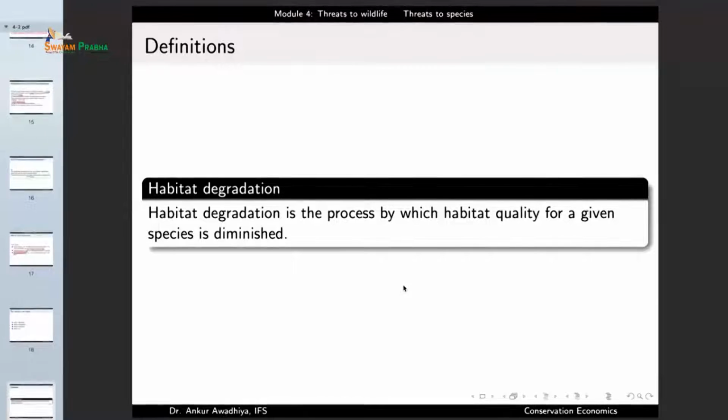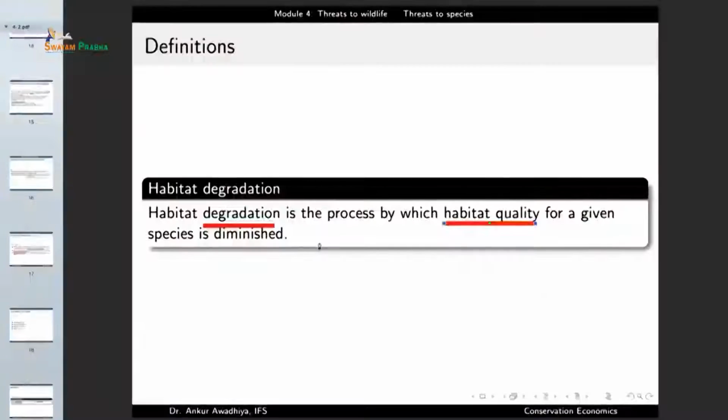Habitat degradation is the process by which the habitat quality for a given species is diminished. So, in the case of degradation, the habitat quality goes down. Now, what do we mean by habitat quality? Suppose, consider a lake, and earlier this lake was able to support, say, 1,000 individuals. Now, in this lake, we are dumping municipal waste, because of which the habitat quality has gone down.